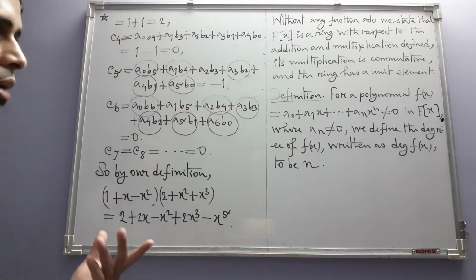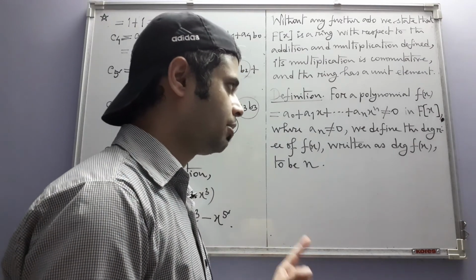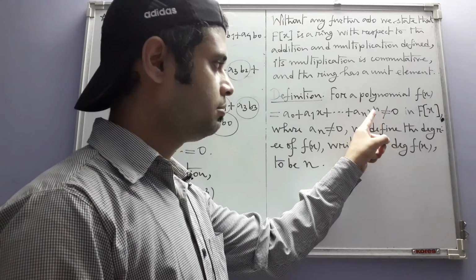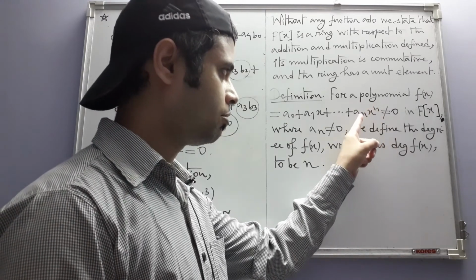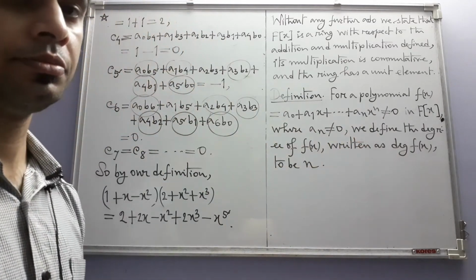That is, if you have a non-zero polynomial, then the degree of the polynomial is the largest integer n, such that the coefficient of x to the power n is non-zero.